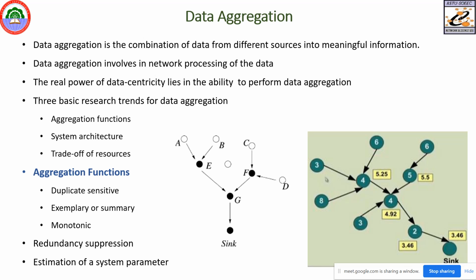Likewise, at node 4 we have an average of 4.92, which is transmitted by node 3, node 4 and node 5.